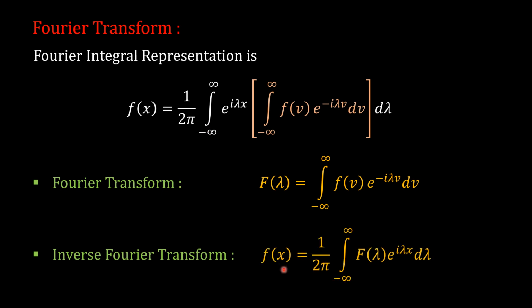So f of x now becomes f of x equal to 1 upon 2 pi integration from minus infinity to infinity F of lambda e raised to i lambda x d lambda. So these are the formulae for the Fourier transform and inverse Fourier transform. We are going to write down an alternate form for the Fourier transform considering the symmetry for this coefficient or constant term. Okay, so see what the formulae are in the symmetric form.